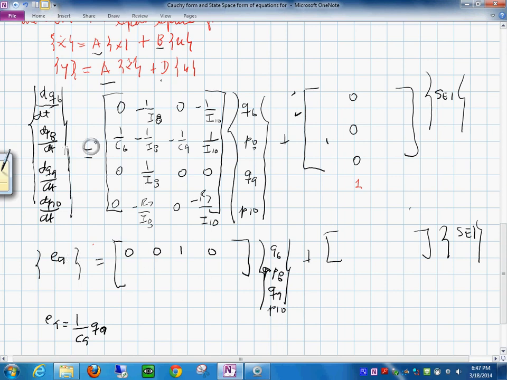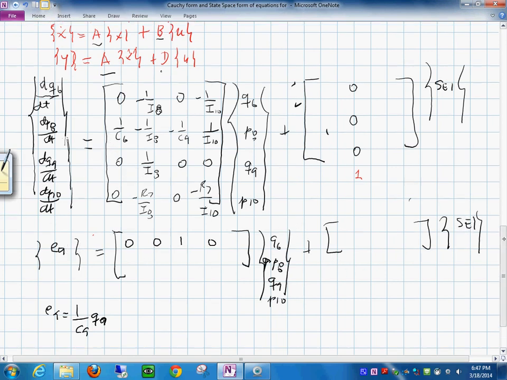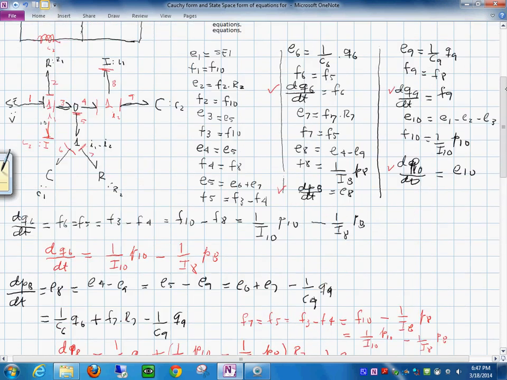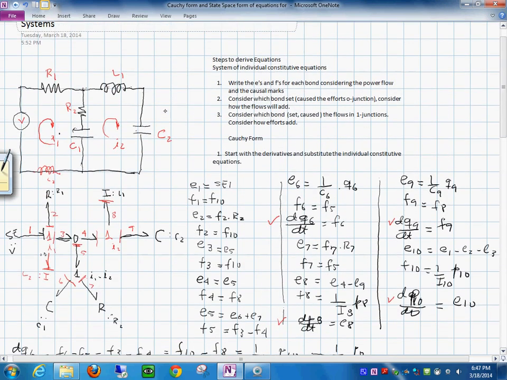And now we're down to the next one. Let's say we want as an output B sub 2, and then, of course, the current on C1.